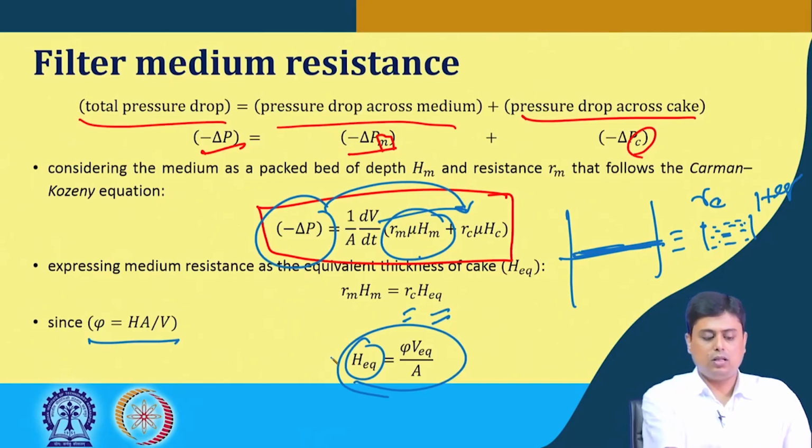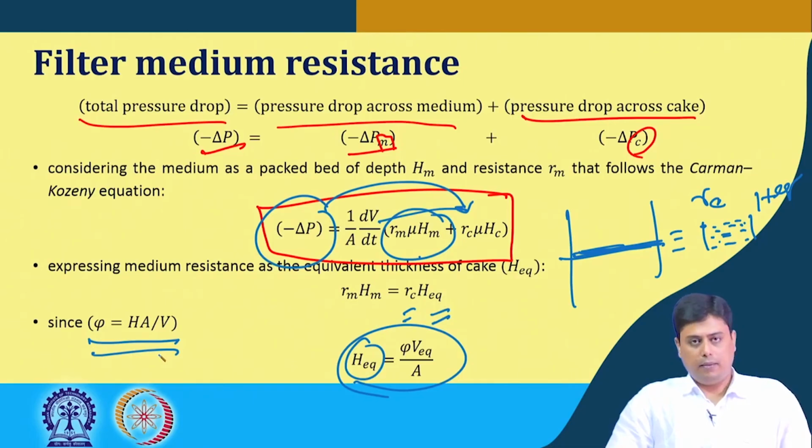Isn't it? Because phi is HA by V. Now we are considering that the filter media is exerting a Heq thickness of cake-specific resistance.